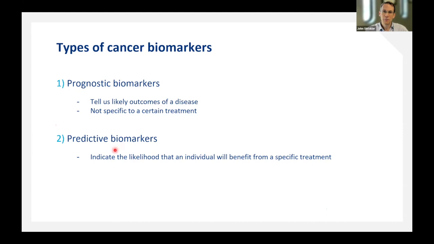And then predictive biomarkers are the ones I really like, because this tells me, aha, I found this biomarker, this patient will benefit from a special kind of drug. They'll benefit from immune therapy, right? So these are the ones we're really going for when we're looking at these reports. But prognostic biomarkers are also important.